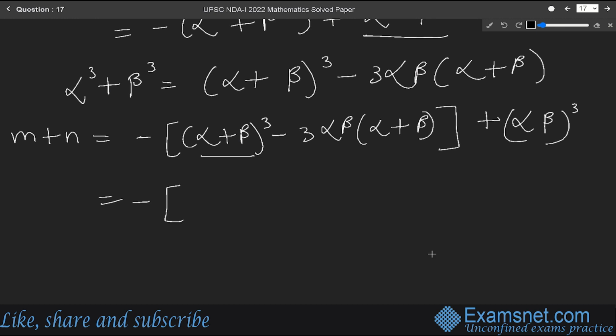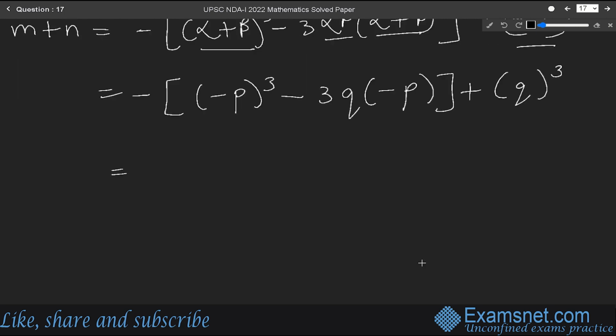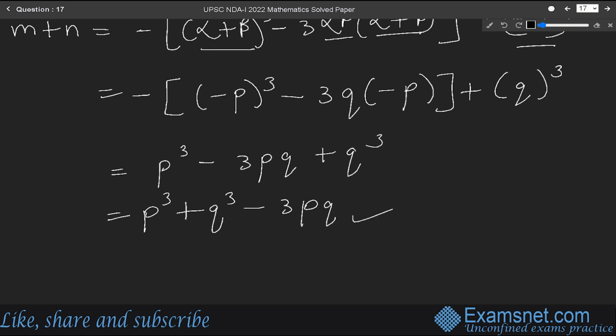So therefore minus of minus p cube minus 3, the value of alpha into beta is q, and the value of alpha plus beta is again minus p, plus q cube. Further solving this question, we get p cube minus 3pq... which is equal to p cube plus q cube minus 3pq. So this is the correct answer.